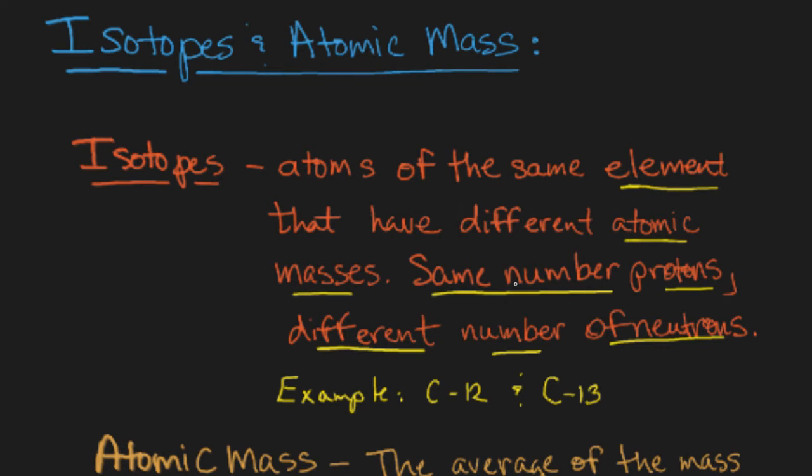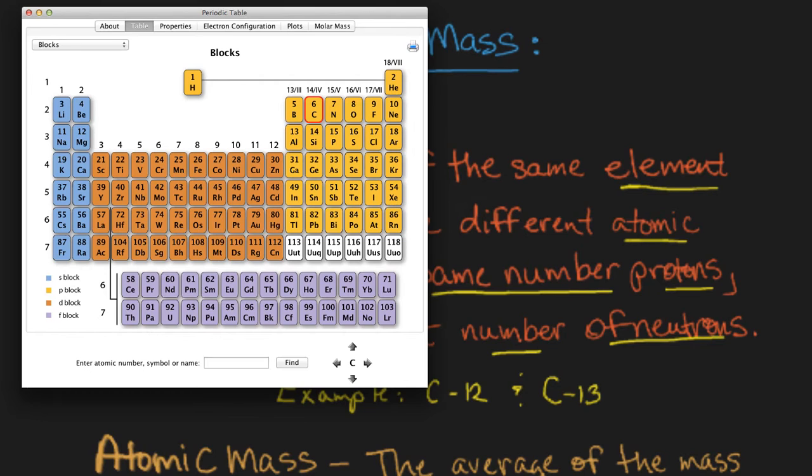Now, this doesn't affect Dalton's theory of atoms at all. The behavior of both of these isotopes is virtually identical. So, what we see when we look on this periodic table here is an average of those atomic masses.